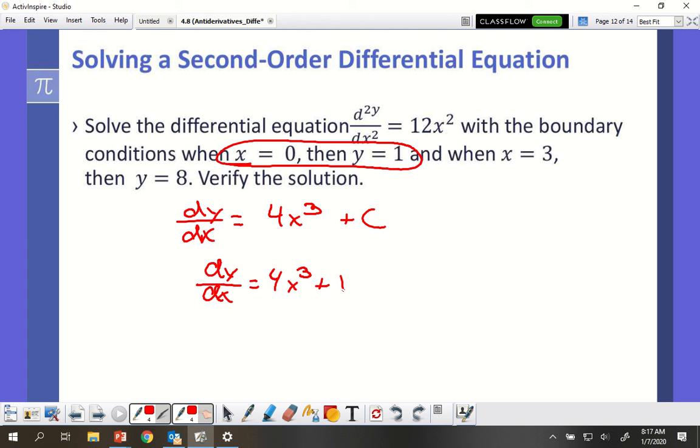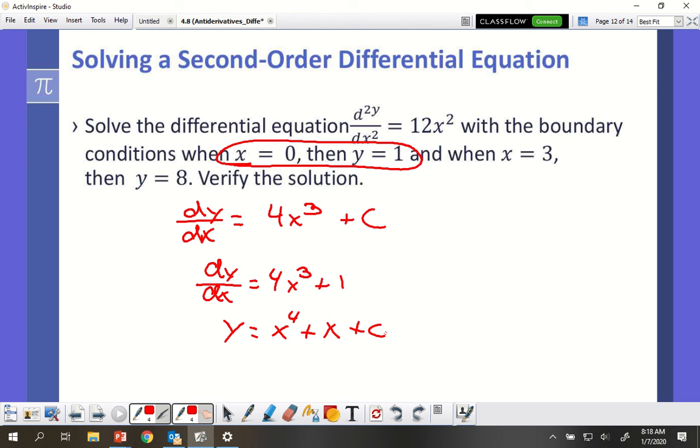Now, I'm going to do the antiderivative again off of this. So, what's my notation going to look like then? Y. Very good. So, y equals x to the fourth plus x plus c. Now this is a new c value, isn't it?